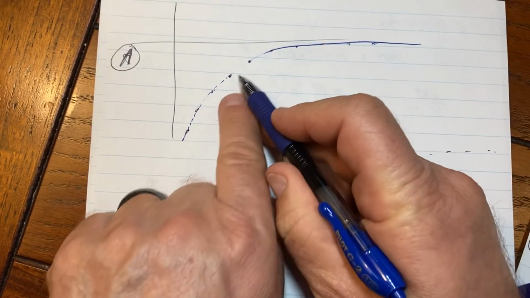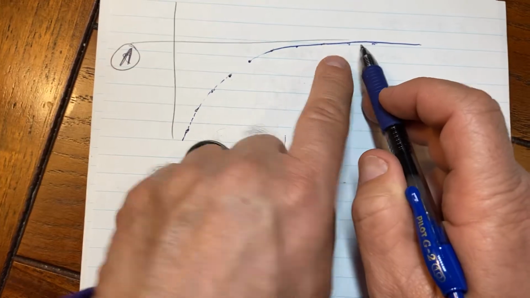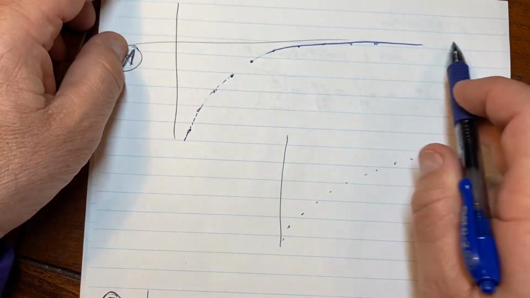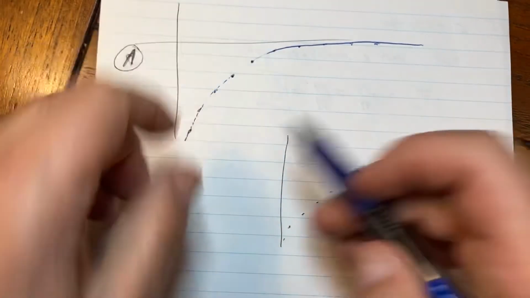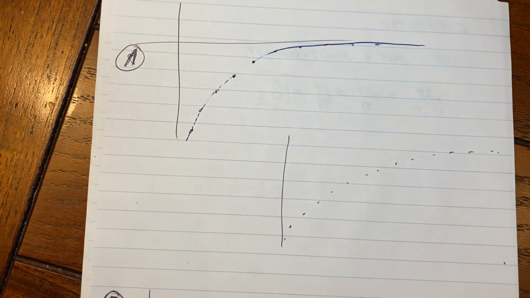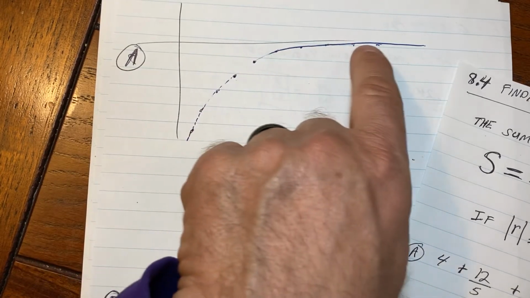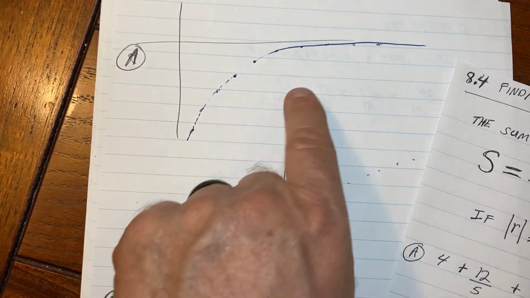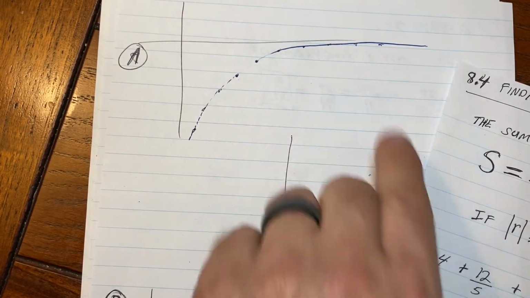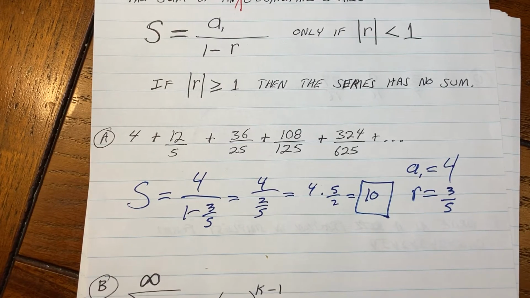It starts approaching a number, like an asymptote. This is not technically an asymptote because this actually will reach 10, but it's getting right up there to 10. So in this particular case, the sum is going to be 10.